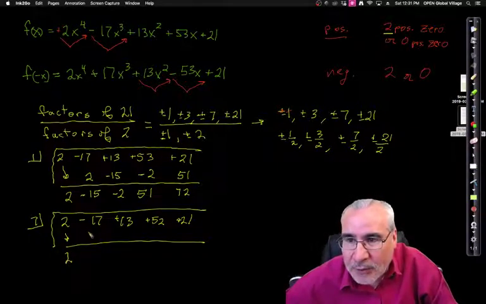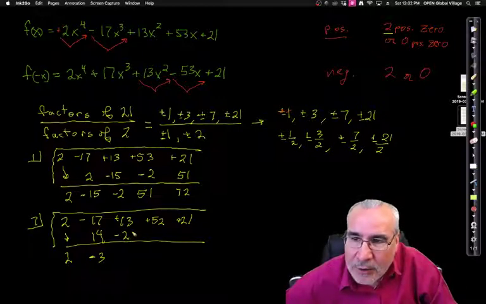7 times 2 is 14. Okay, we add them together, and negative 17 plus 14 gives us a negative 3. 7 times negative 3 is going to give us negative 21.